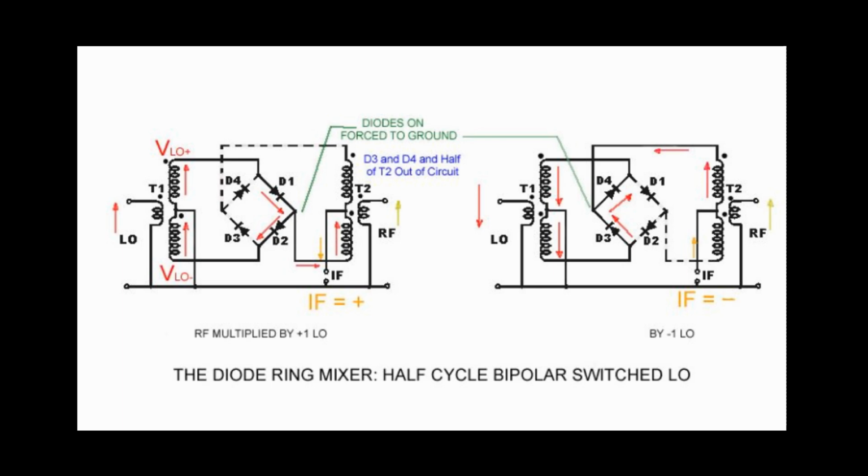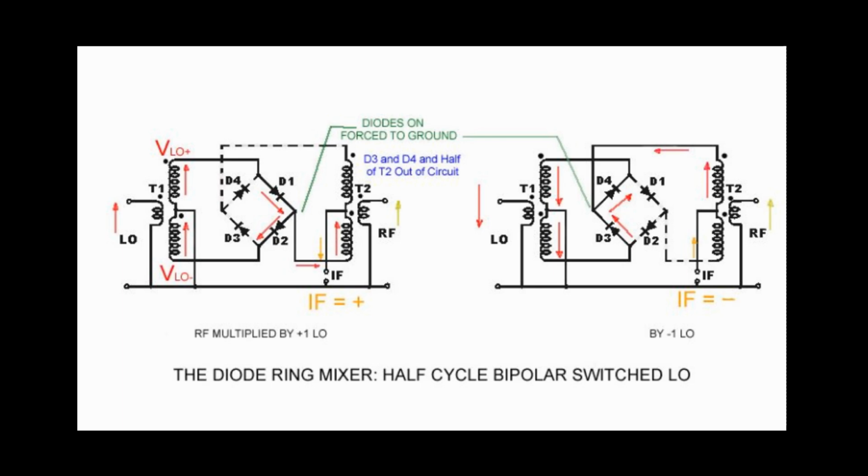So with the LO in the polarity shown, that is the rising edge of a sine or square wave, shown by the red current arrow going up, the two right side diodes D1 and D2 get turned on. Diodes turned on are like closed switches, therefore they simply provide a ground point. On this half of the LO cycle, the two diodes provide a ground for the non-dot side of the T2 balun.